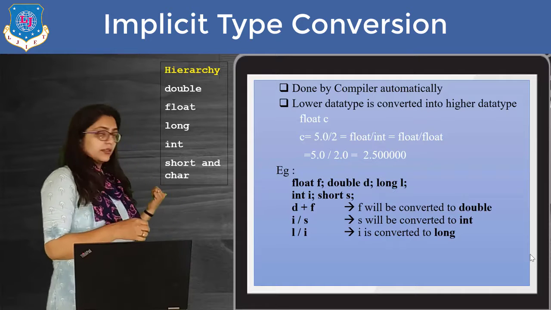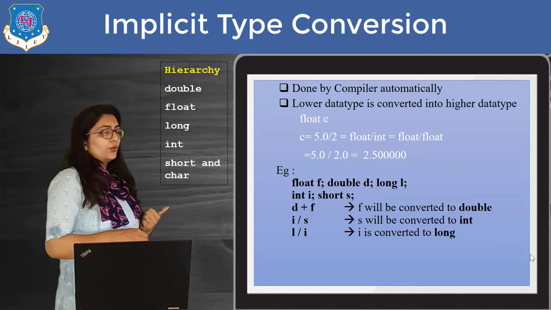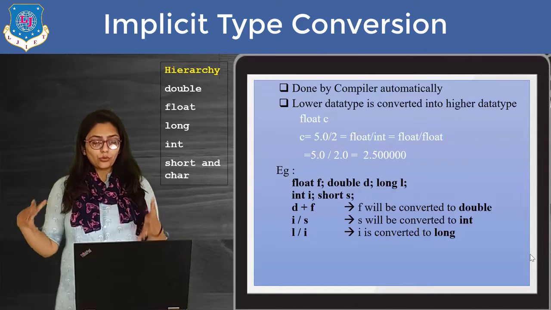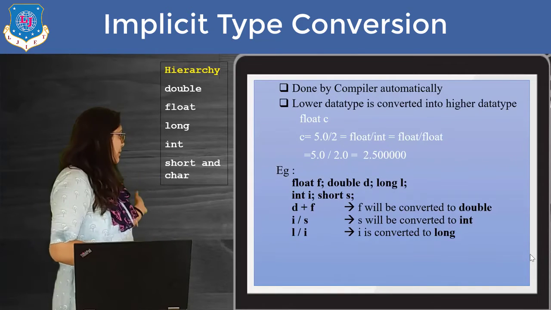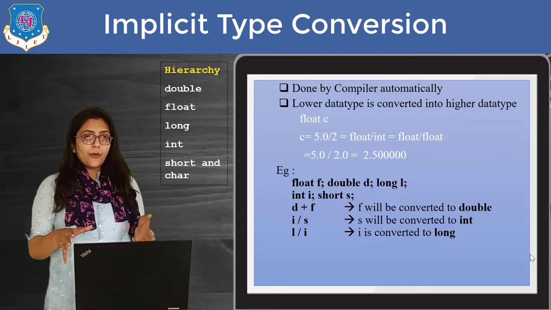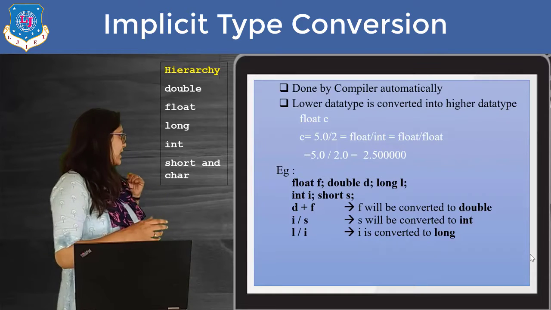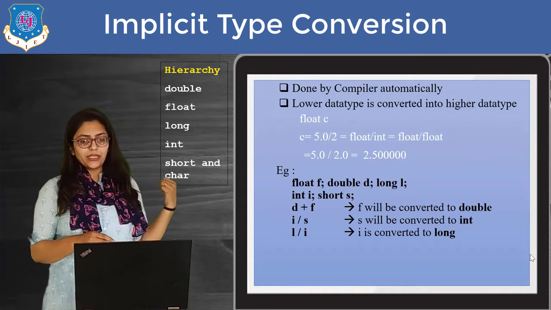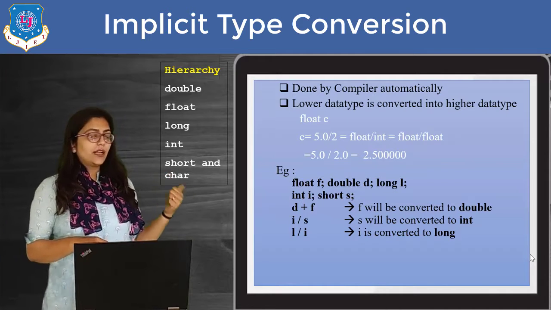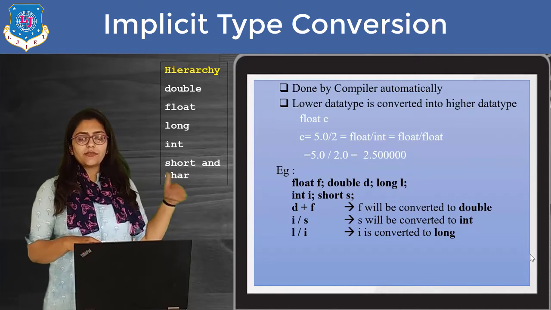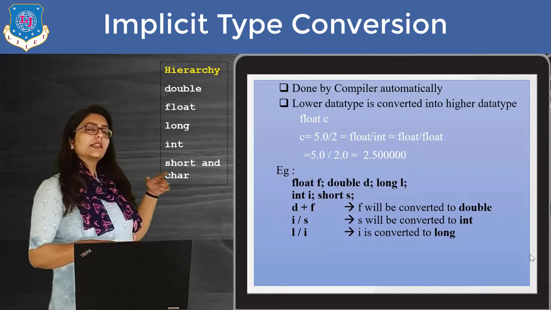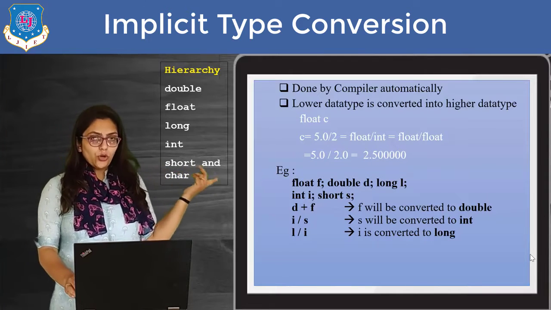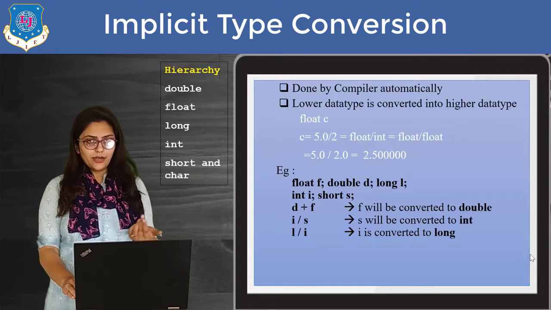Right? This is the reason why I told you to take each of the variables as float, because I had not covered this topic at that time. So this is all about implicit type conversion. Now you can see here that if I am adding double plus float, then the answer will automatically be converted to double. If I am adding short plus integer, then the answer will automatically be converted to integer. And if I am adding long plus integer, the answer will be automatically converted to long. Okay, that is a higher data type.